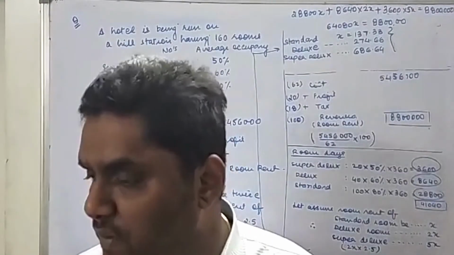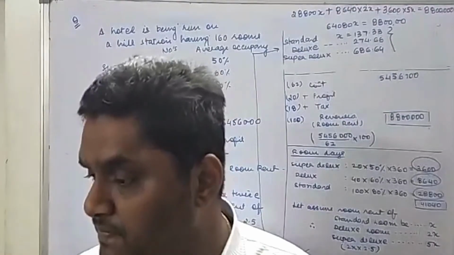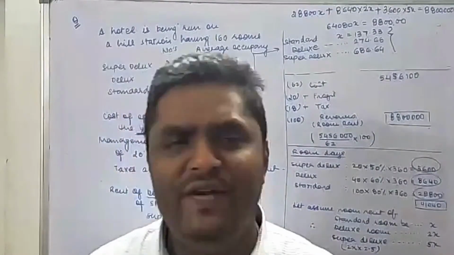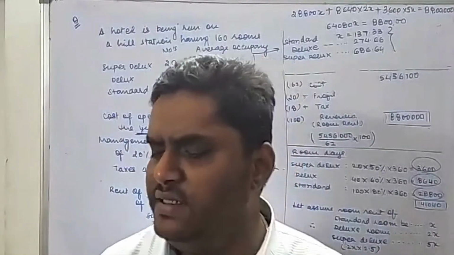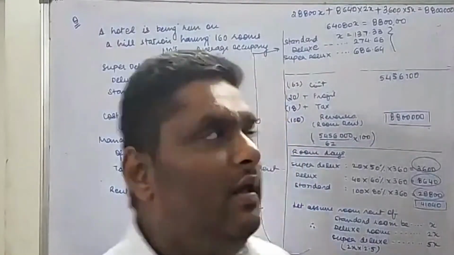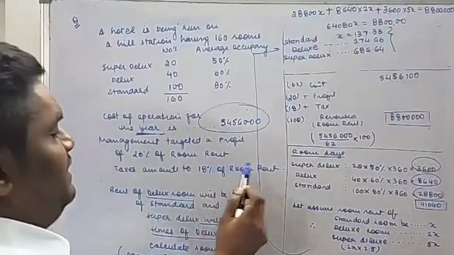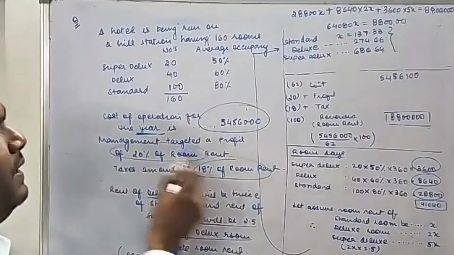Very good, Srinivas. You should now see everything is given straight away. हर चीज question में clearly given था. That is the total cost, the tax, and the profit.